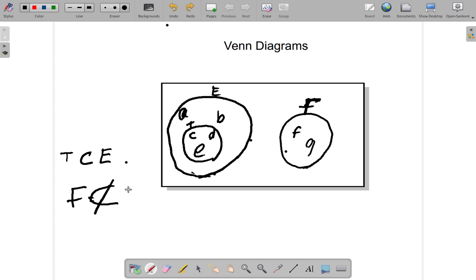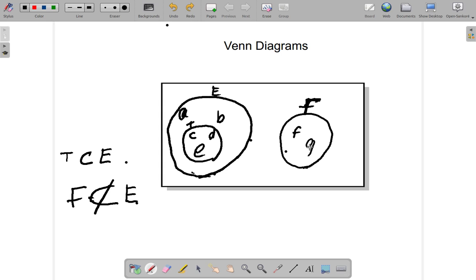Yeah, it's not a subset of E. It so happened that those who are studying French this year in that class will not be studying English. So the set of students studying French is not a subset of the set of students studying English. Alright? So in that case, F is not a subset of E. Alright?